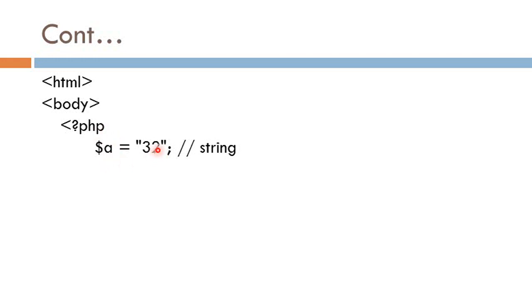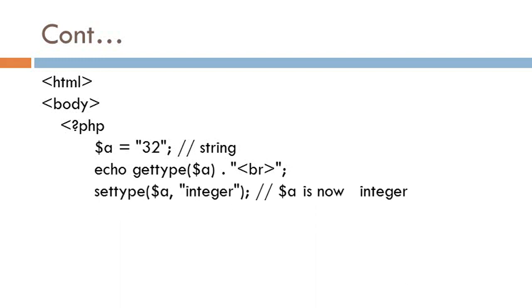This is a number, but I write 32 in double quotation marks, so the data type of variable a is string. Next, just to know the data type of variable a, I use the gettype function. So write echo gettype($a), then settype.